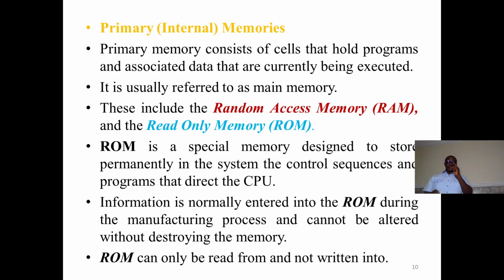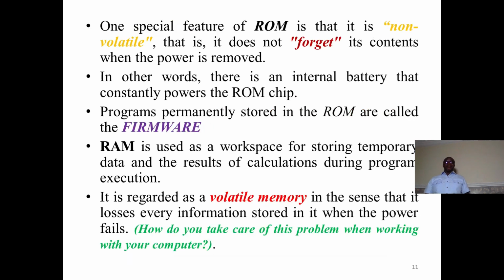That is why it is called read-only memory. One special feature of the ROM is that it is non-volatile. That is, it does not forget its content when the power is removed. In other words, there is an internal battery that constantly powers the ROM chip. Programs permanently stored in the ROM are called the firmware.